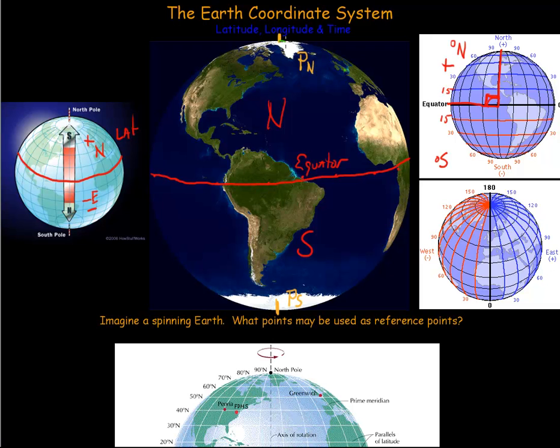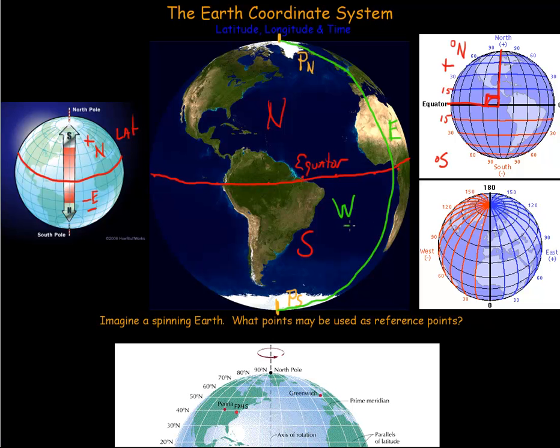So what they did is they said, okay, this line is going to be what is called the prime meridian. It's going to be the zero line. It's this line right here going through Greenwich, England. And then every 15 degrees, you got 15, 30, 45, 60. These are west, so now we actually have a western hemisphere and an eastern hemisphere.